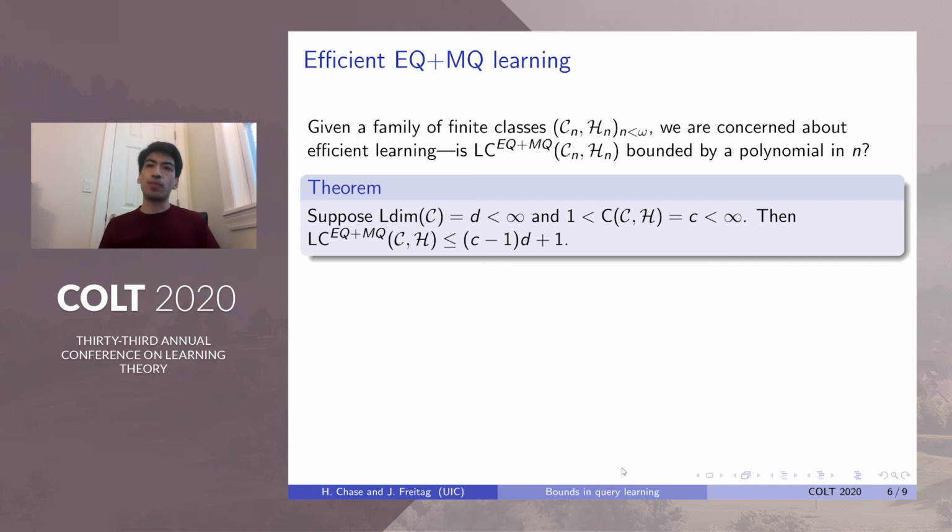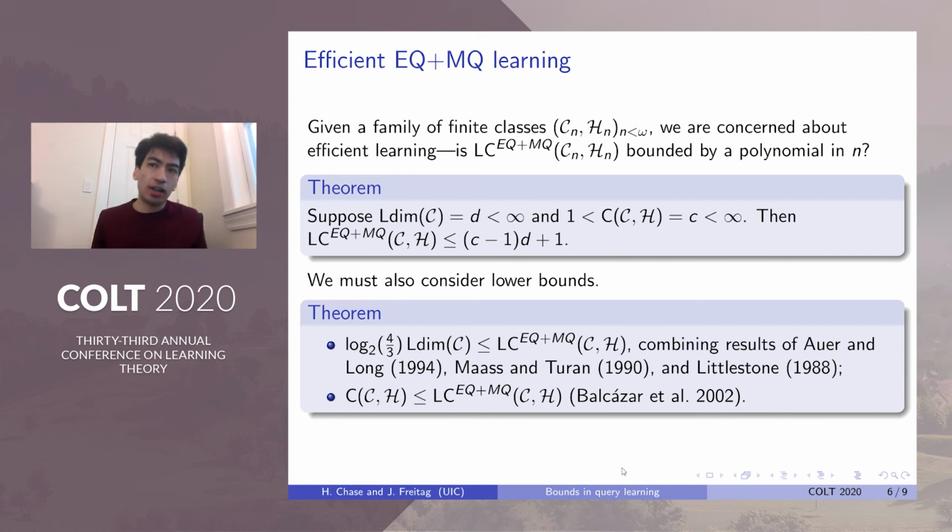We can also use these bounds to study efficient learnability. In this case, we're studying a family of classes indexed by n, and we can ask that the worst case number of queries is bounded by a polynomial in n. If we look at the bound that we got on the previous slide, essentially Littlestone dimension times consistency dimension, we get a bound which is polynomial in both.